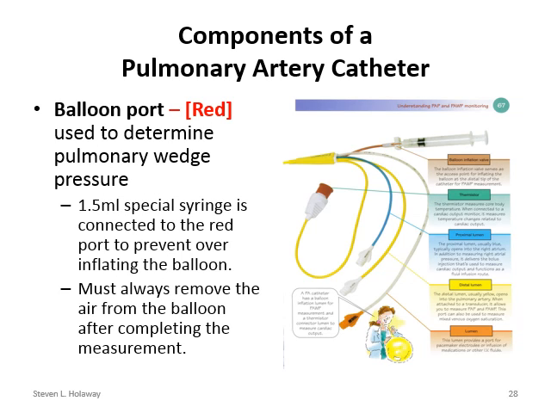Now, we talked about measuring the wedge pressure. To measure a wedge pressure, we have to insert air into that red port. Basically, we insert 1.5 milliliters or cc's of air to inflate that balloon. This is where a huge complication can come in with this catheter.